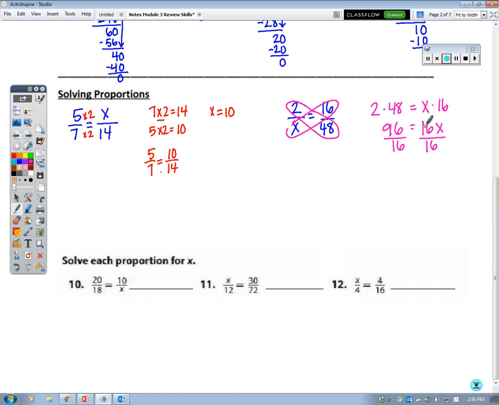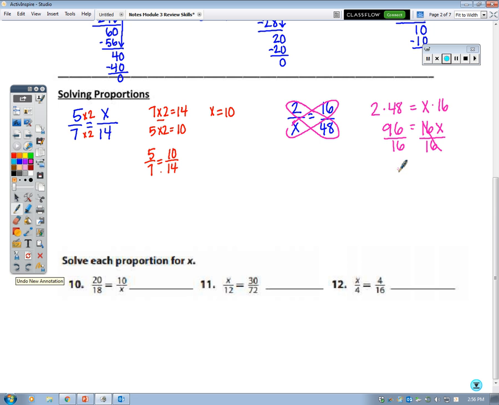And that's going to let my x be by itself because 16x divided by 16 is 1x. And then 96 divided by 16 is 6. I just did that math quickly. You can use a calculator to solve that, or you can do it in long division. That would be fine too, but just for the sake of time here. So now I know that x equals 6.